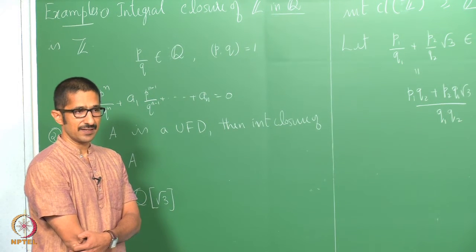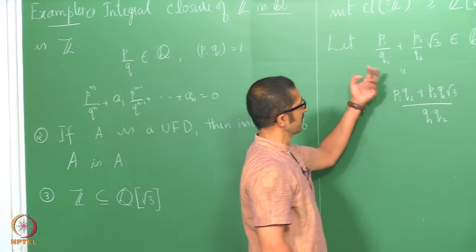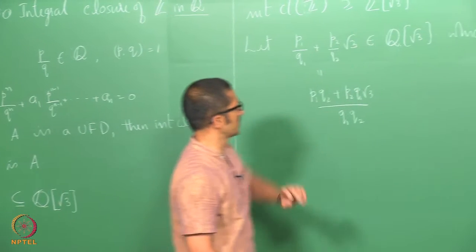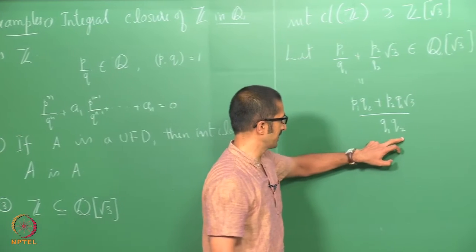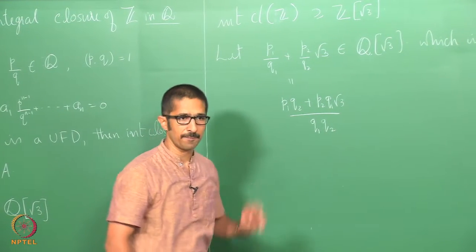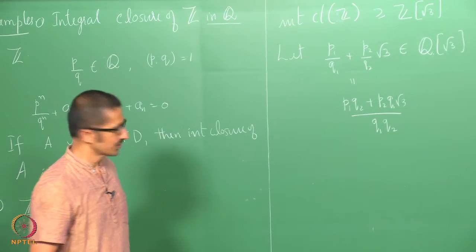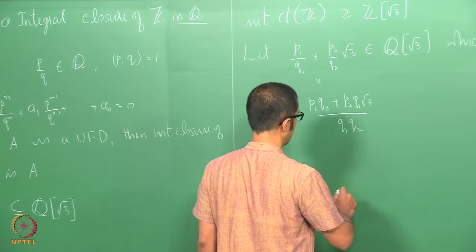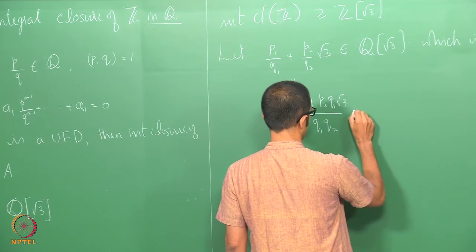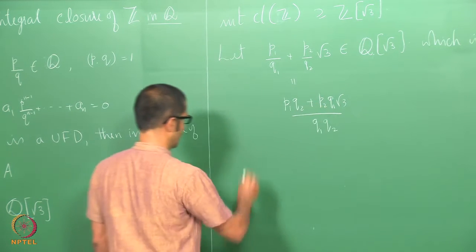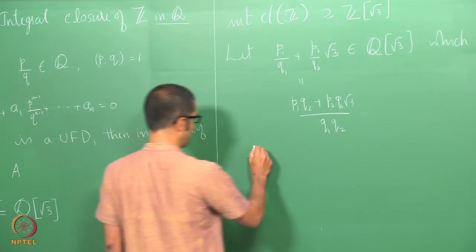Now the question is, we want to see whether the integral closure is Z root 3 itself. So the question is whether Q1 Q2 is equal to plus minus 1. Okay. So how do we say that? Let us write like this. Suppose this has an integral equation over Z. What does that mean?